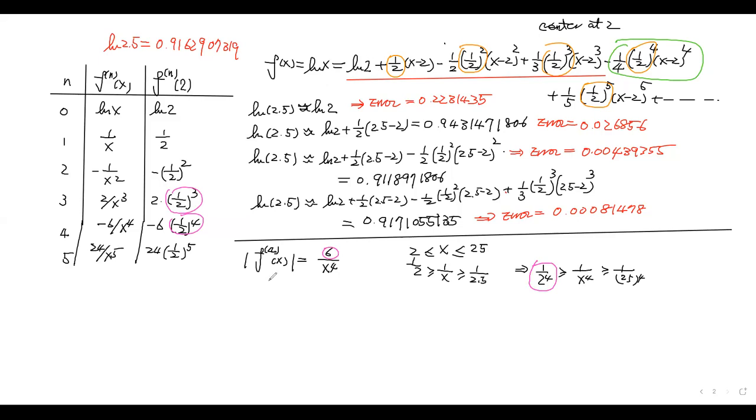So what I have here, my M is equal to what? My M is equal to 6 over 2 to the fourth, right? All right, so this is the 6 over 2 to the fourth here. So now let's try to take a look at what my upper bound here is.